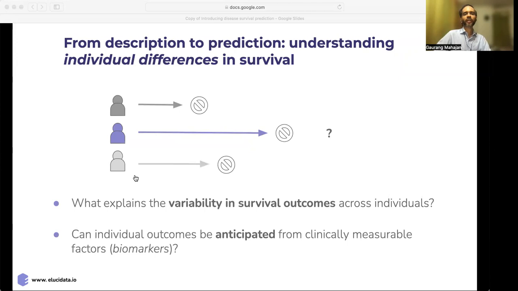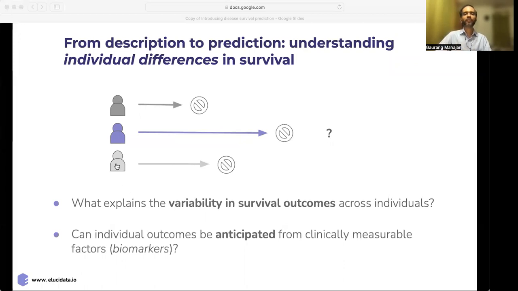But that's not all really. Going a step further, it's also of interest to zoom in on the individual differences in survival outcomes. For example, in a very fatal and aggressive disease, a small group of patients might survive much longer than the rest, even after correcting for obvious differences like age or treatment. So what explains this variability in outcomes?